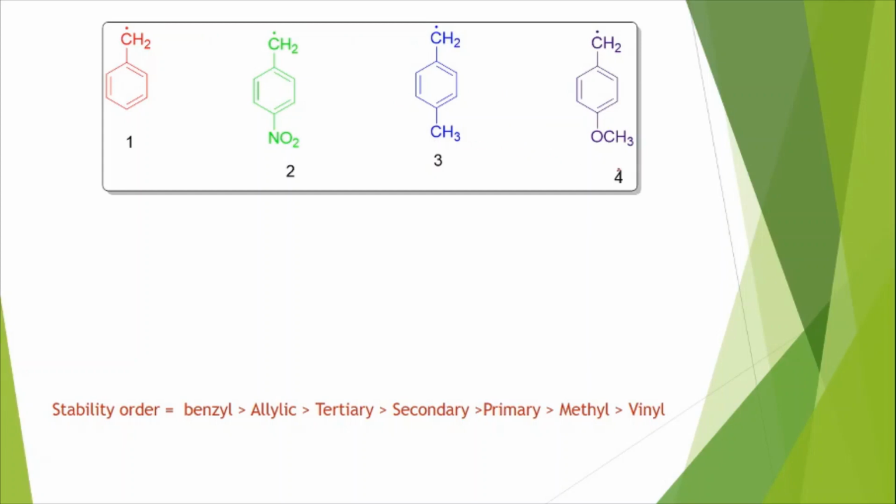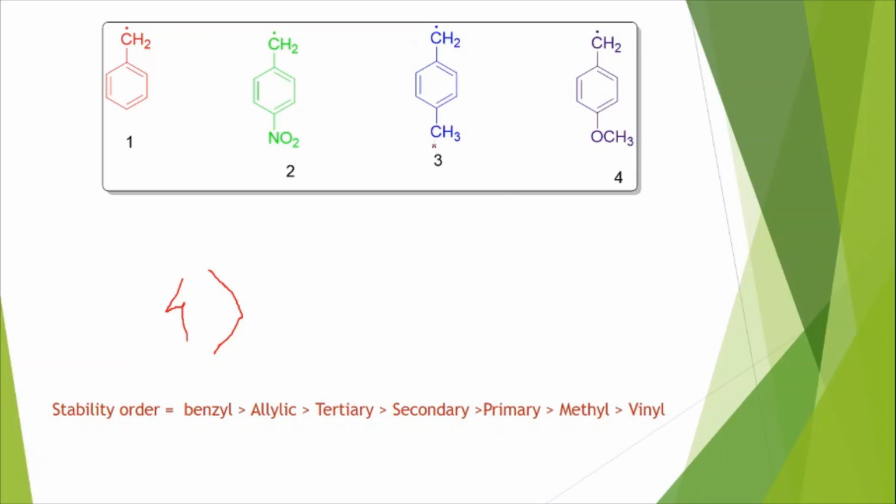So here this OCH3, para-methoxy benzyl radical, is more stable because this OCH3 group is an electron donating group. It gives its electron to the ring, and it stabilizes this benzyl radical. So the stability order is: the fourth one is most stable because it has an electron donating group.